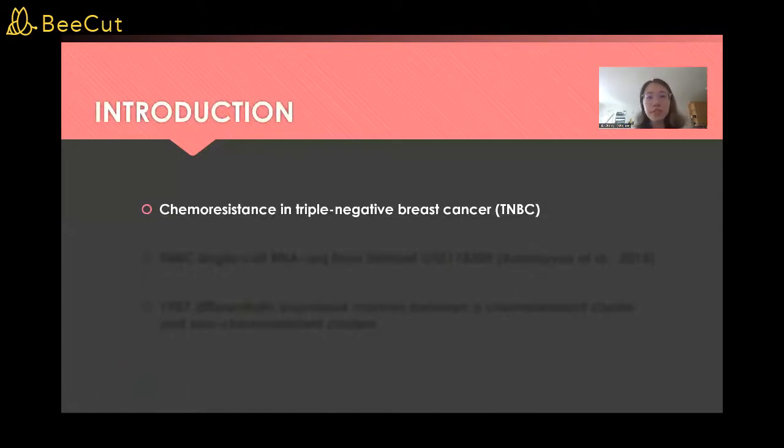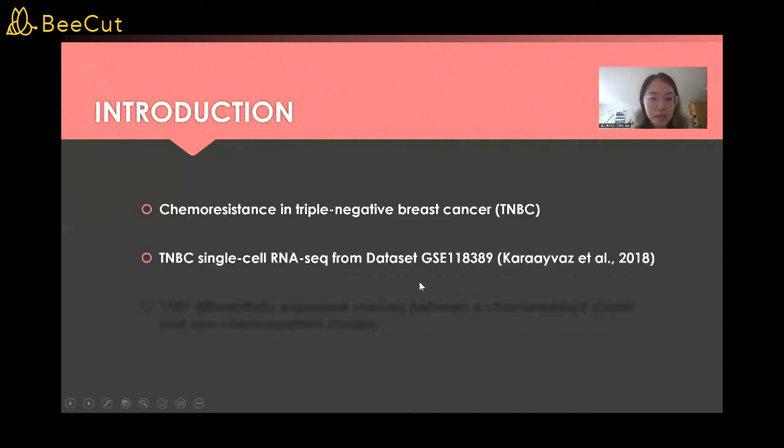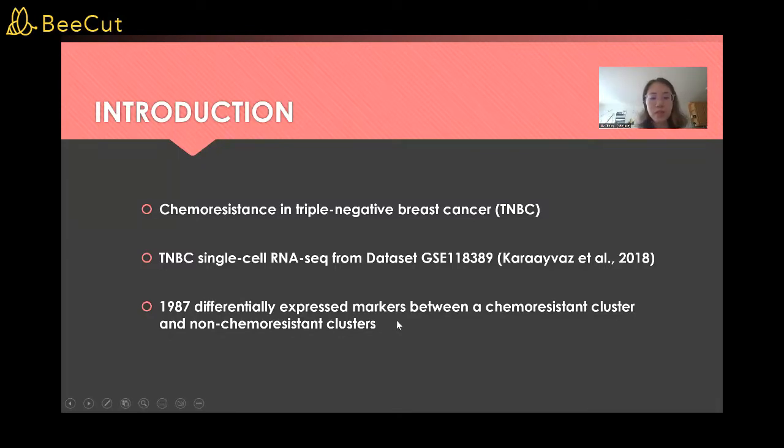This paper focuses on chemoresistance in TNBC, and it employed TNBC single-cell RNA sequence from dataset GSE118389, and I've discovered 1,987 differentially expressed markers between a chemoresistant cluster and non-chemoresistant clusters.